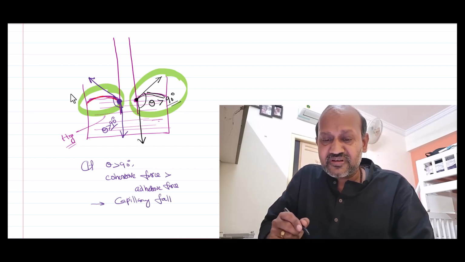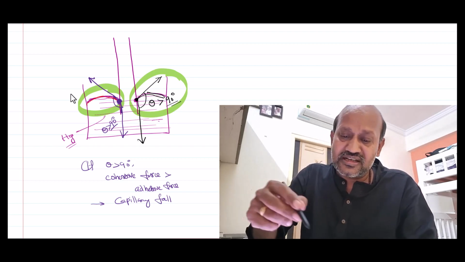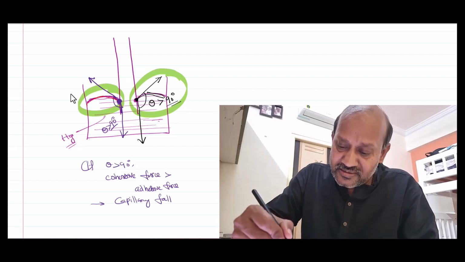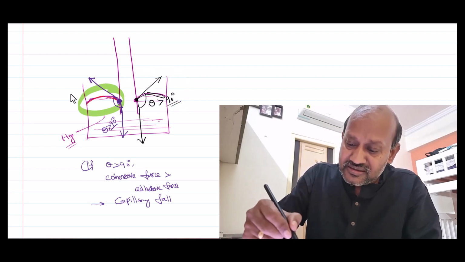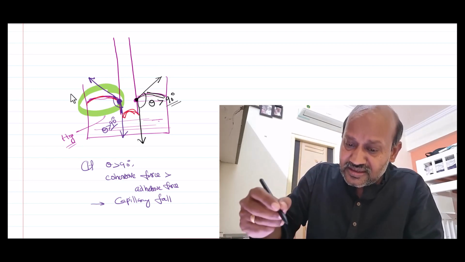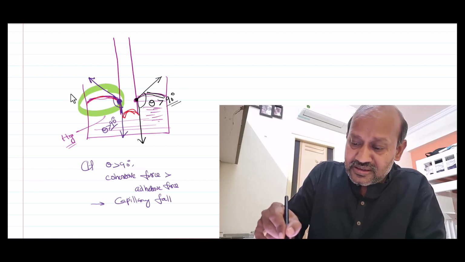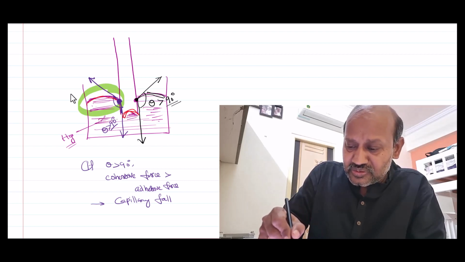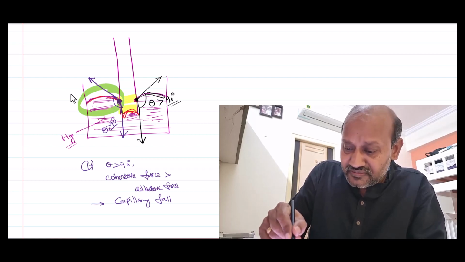Mercury tries to prefer to stay with mercury itself rather than trying to stay with the glass. So what we can see is in this solid container, mercury will stay up to here only. Right? The remaining part will be mercury itself. But in the capillary tube, the level, see, this is the fall of the level.